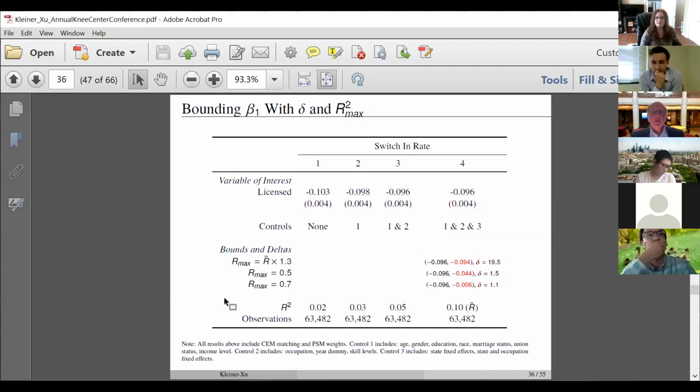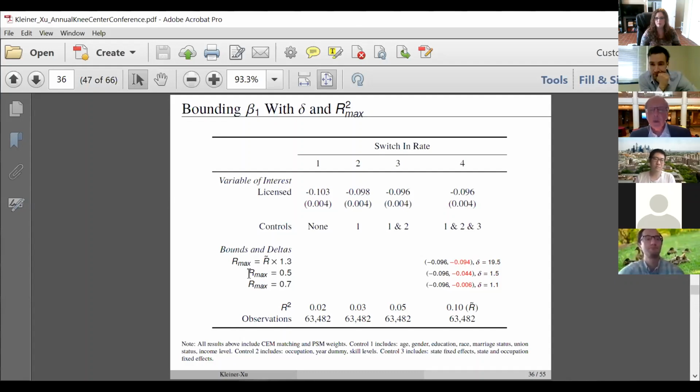We also do the same thing in terms of our bounded results, looking at the effects of licensing on our switching in rates, using some alternative measures. How large would the R squared have to be, again, to change our basic results, using our matching procedure?